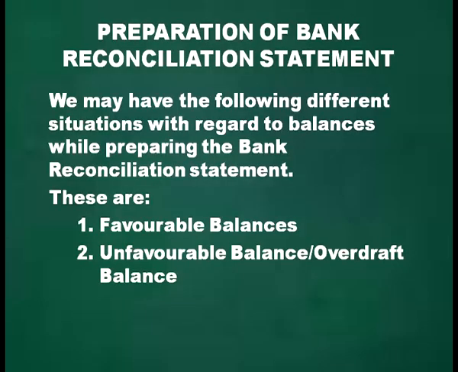Coming to the preparation of the bank reconciliation statement, we have two different main situations with regard to the balances. These are favorable balances, and second, unfavorable balance or overdraft balance.